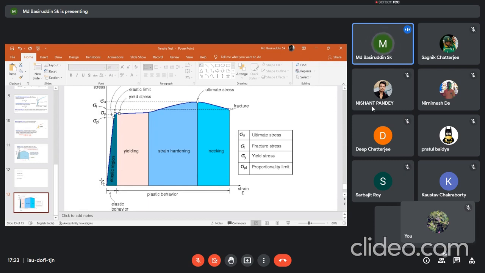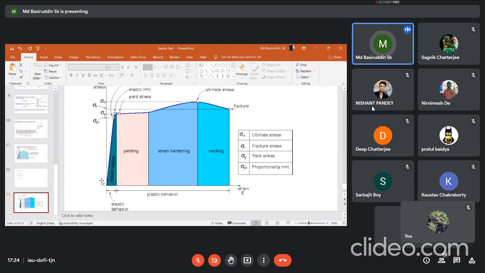So in these two cases you will find different n values, and by knowing the n values you can determine the mechanical properties of a material. But this sort of parameter is not sufficient for judging a material's mechanical performance.